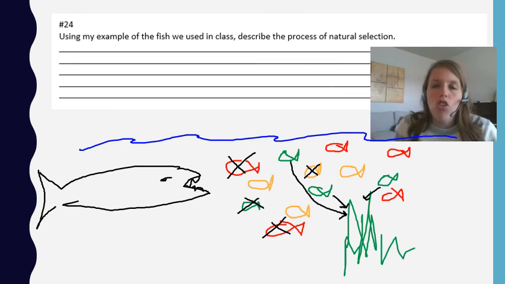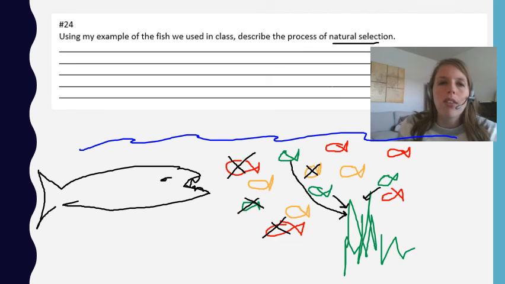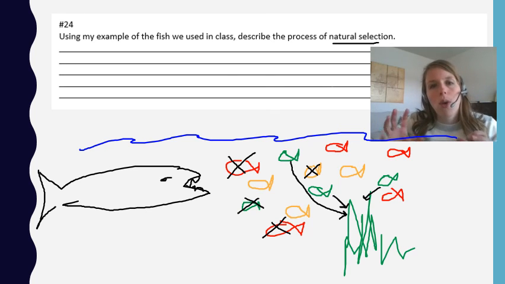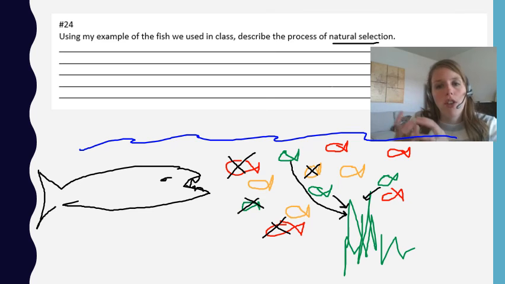So in the next generation, there will be more green fish because those are the fish that were naturally selected. So when we talk about natural selection, it's all about a species being better adapted to an environment to survive and reproduce. And through that process of natural selection, we have species evolve and change.